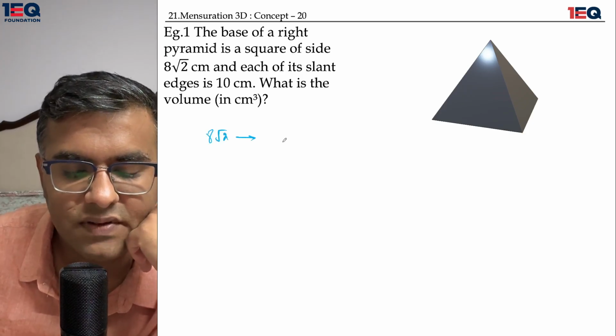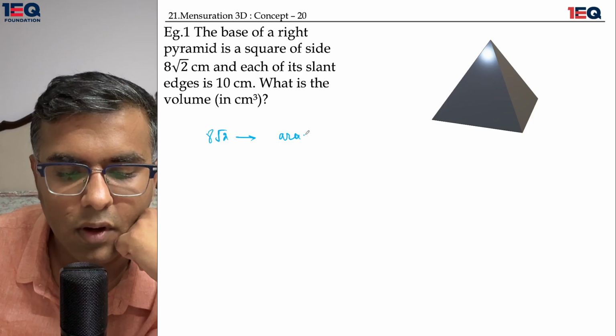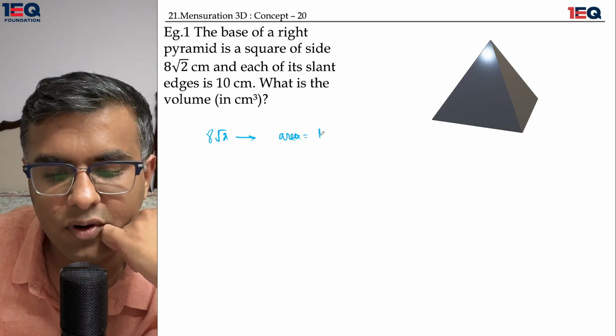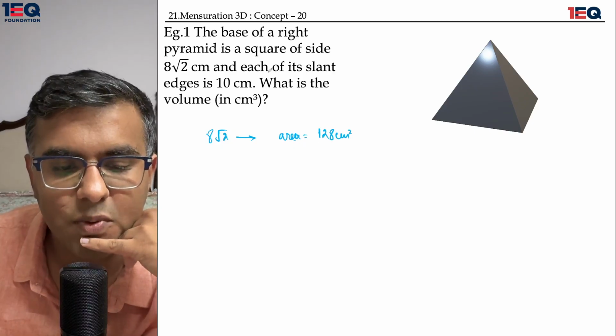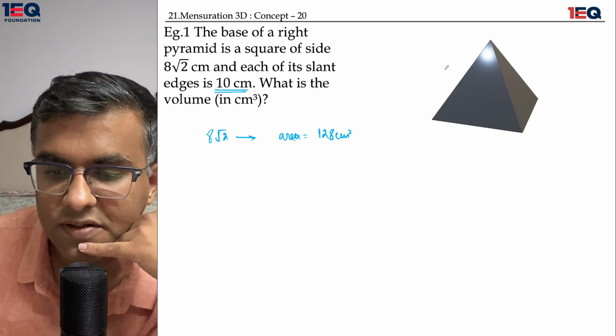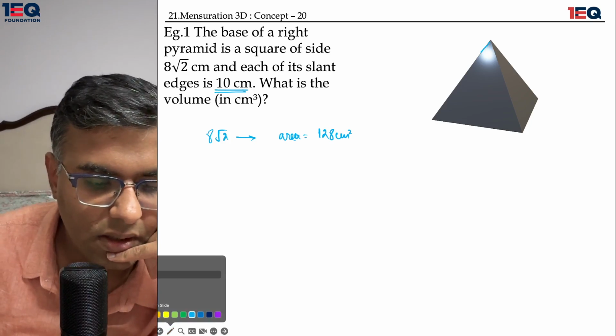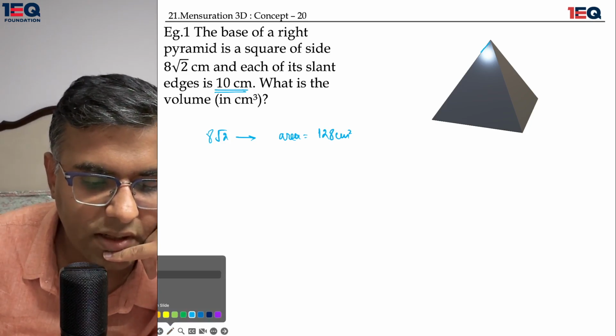If the square is of side 8 root 2, then the base area is going to be 64 into 2, which is 128 centimeter square, and each of its slant edges is 10 centimeters. If I have a slant edge, let me use a better color here.